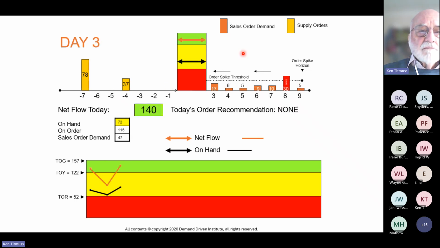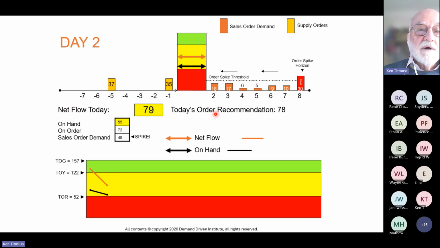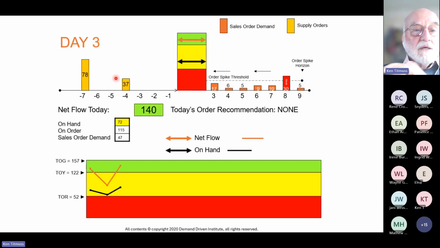So day three, I've received that 35. Oh, going back, sorry, to day two, I need an order recommendation of 98 because I need to order up to the top of the green zone here. So there's the order for 78 that I placed yesterday. I've still got that 37. So I've got 115 on order now. I've got to ship out 17 today, and I've still got that spike of 30.